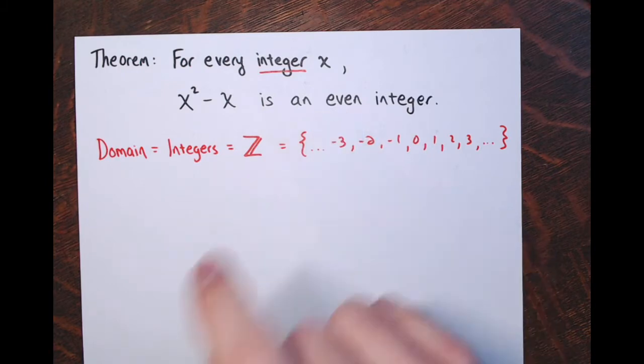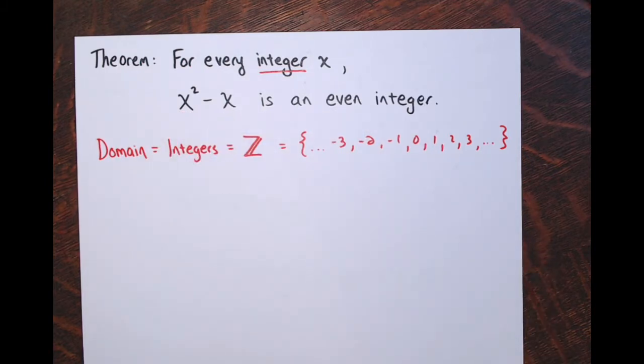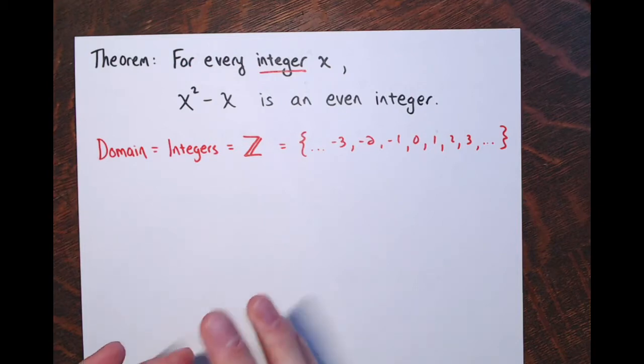Remember what it means to be even. So I eventually want to get x squared minus x to be equal to twice an integer. But as is, with just x involved, that might be considered a little difficult.